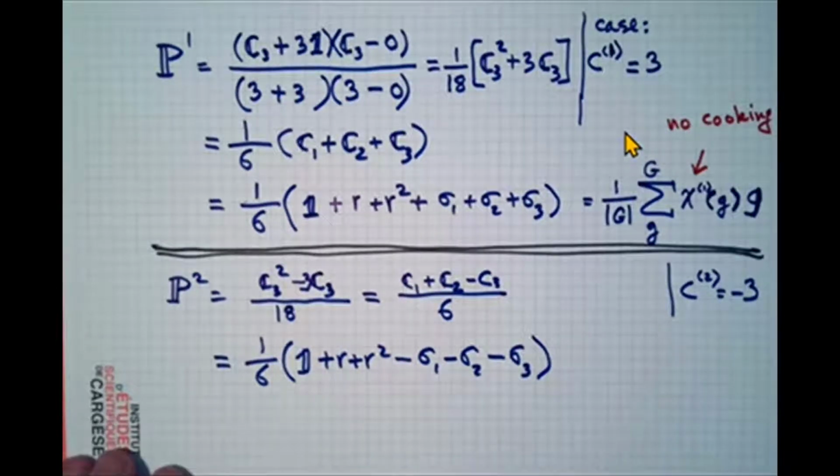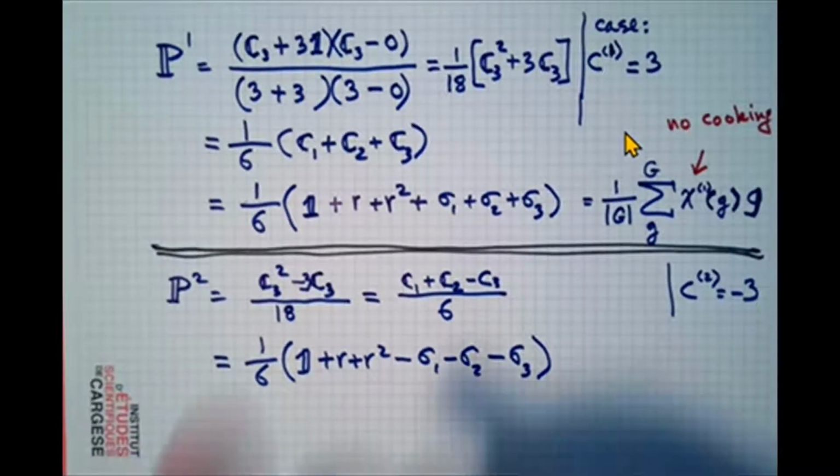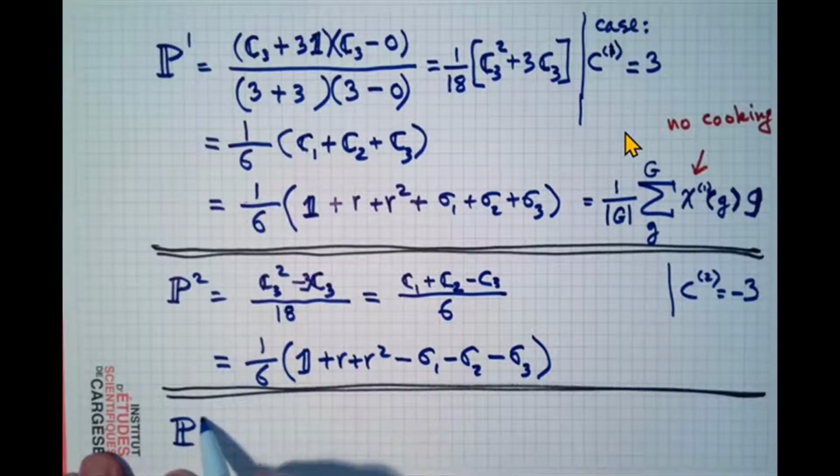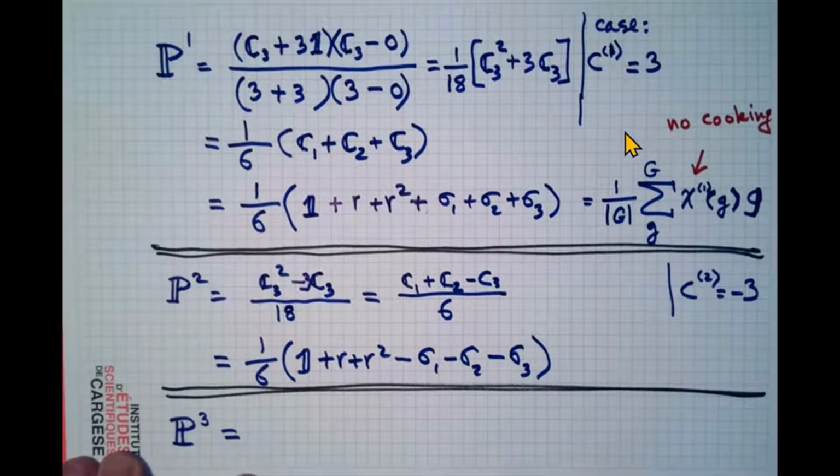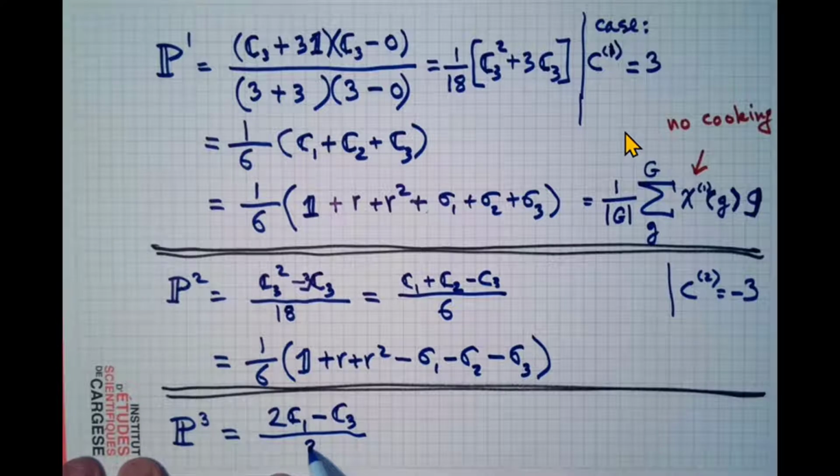And finally, I have to do the third one. And this is a superscript. This is a label for the representation, not the power of the, these are idempotent, so powers wouldn't mean anything. What happens in this case is divided by 3.